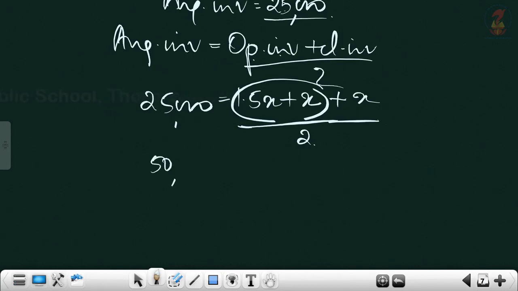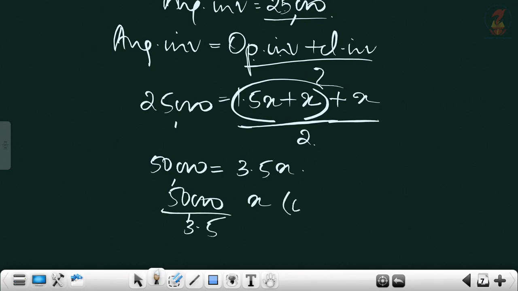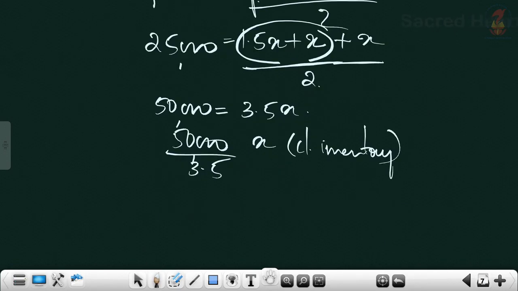25,000 into 2, 50,000 is equal to, it is 2 plus 1.5, that is 3.5x. X means your closing inventory. Your closing inventory will be, now you will be getting decimal point actually, so you can round off and take the answer 14,286.